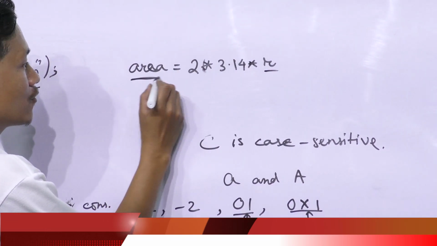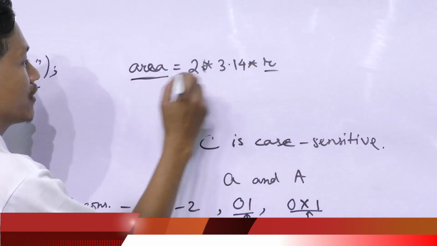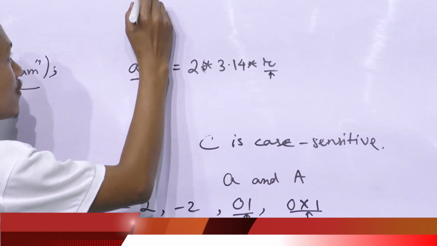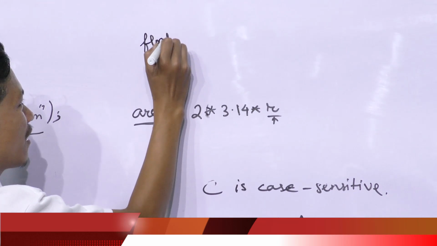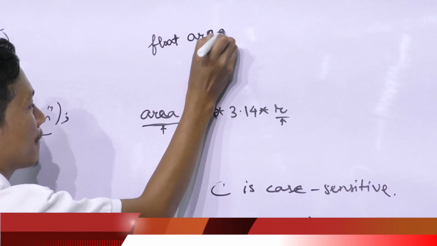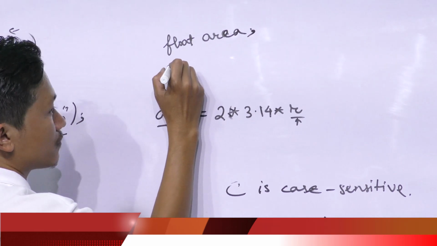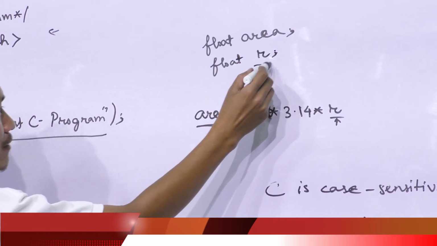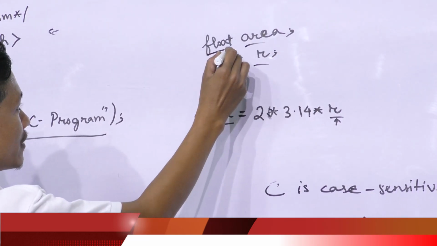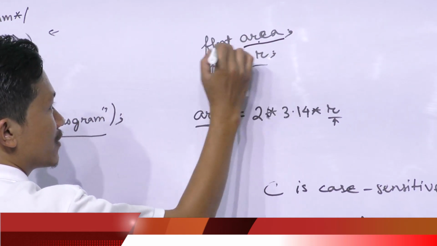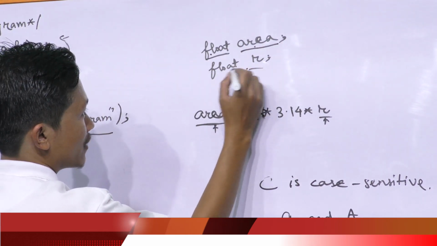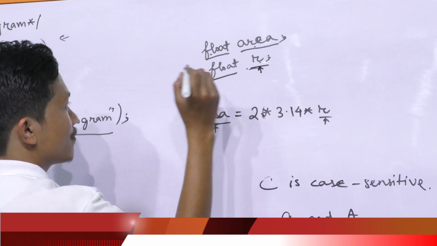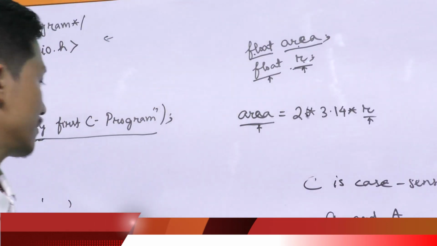So if we are calculating the value of this area, then we have to declare both these variables prior to their use. Like this, we have to declare these variables before they are used. Float area means this area is a variable of floating point type, and float r means this variable r is of type floating point.